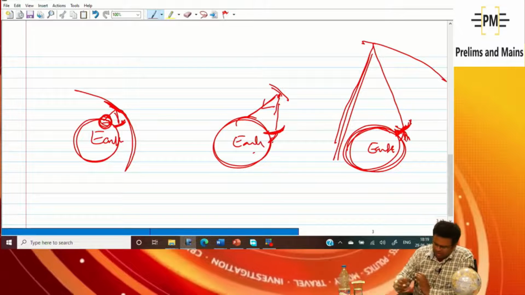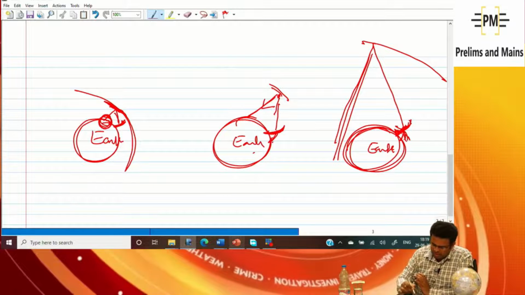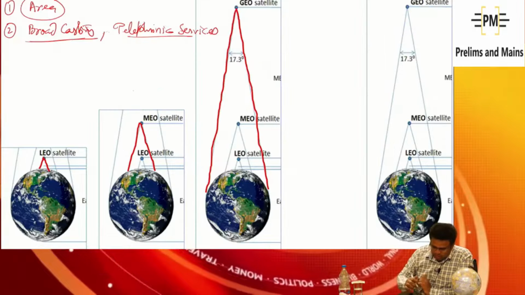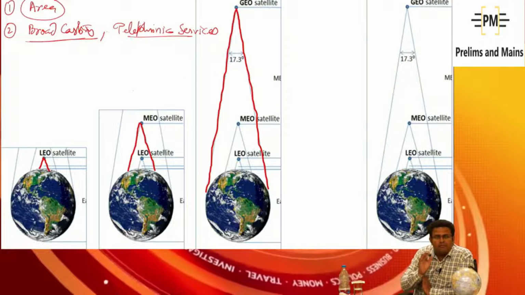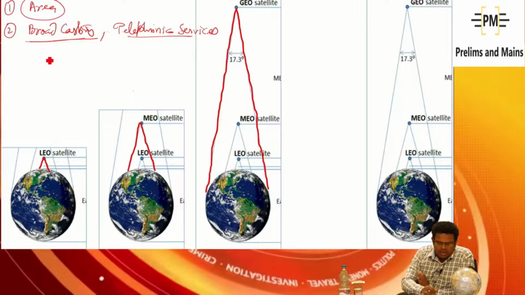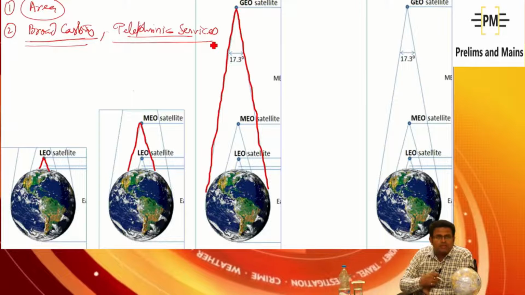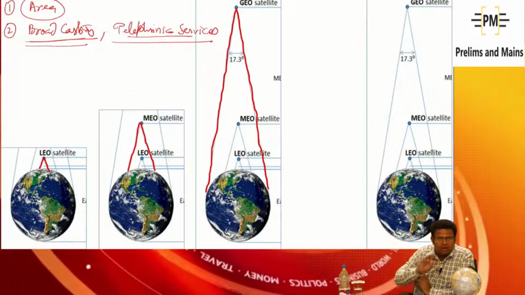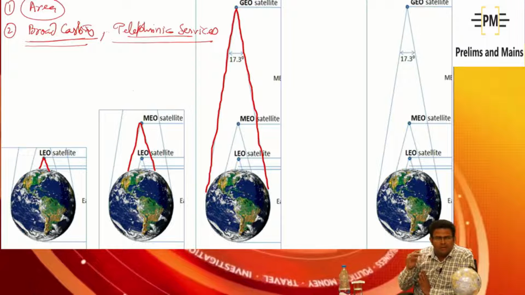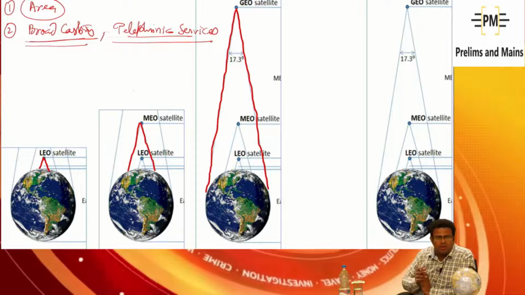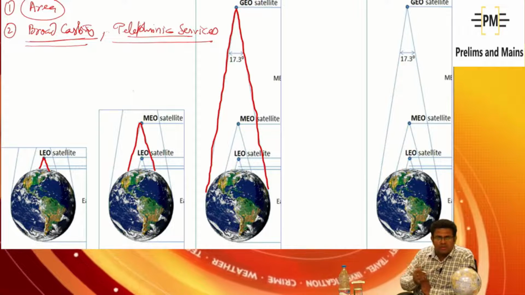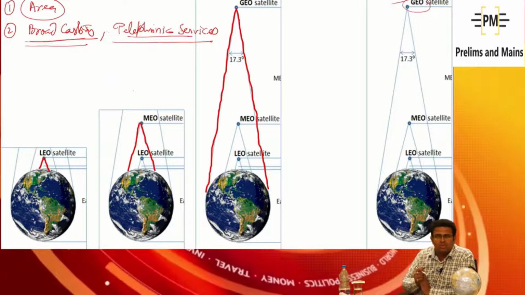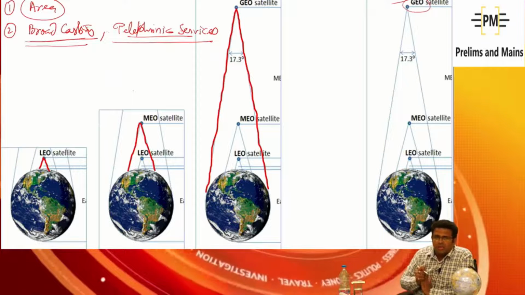So, we can say that for the better broadcasting and telephonic services, for the better broadcasting of any news channel, cricket match or anything, the satellite should be at the height of 36,000 kilometer to cover a large area.